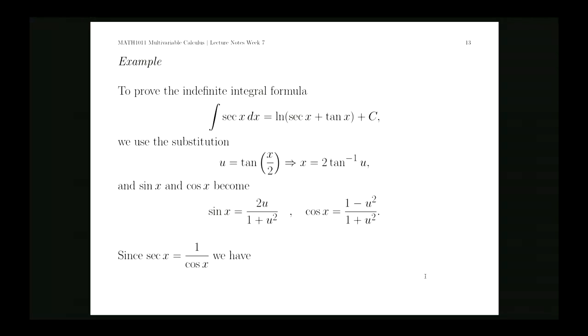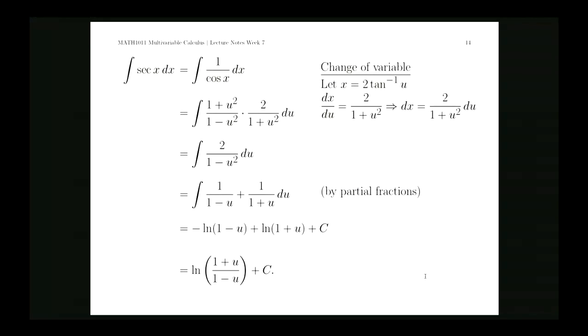And of course sec is 1 on cos, so sec is basically 1 plus u squared on 1 minus u squared. So you do that in your integral, you do your change of variable, and it will become this function here. Now, the next thing we're going to do is integration by partial fractions. You can write this as this. I'll explain that bit in a sec. That you can integrate. That's two really simple substitutions.